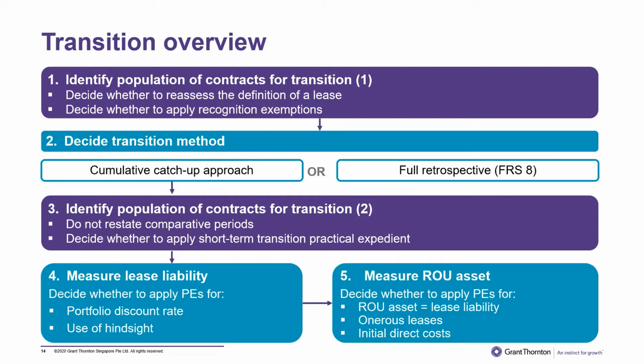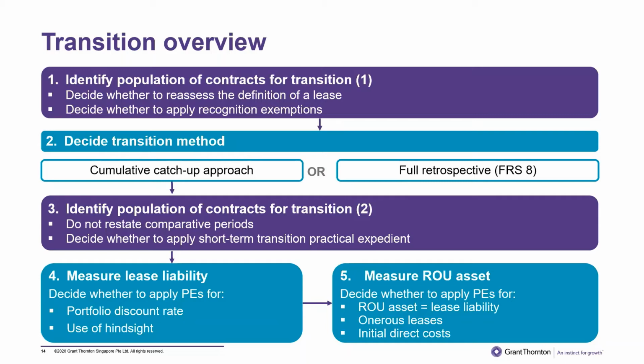So maybe 3-year leases could become one portfolio, 5-year leases could become another portfolio. Now in such a scenario, instead of calculating lease liability for each individual asset, you can do it for the entire portfolio. So if you have say 500 cars, out of which 100 are 1-year leases, 200 are 3-year leases, and the remaining 200 are 5-year leases, you can create 3 portfolios and do 3 calculations instead of 500 calculations.